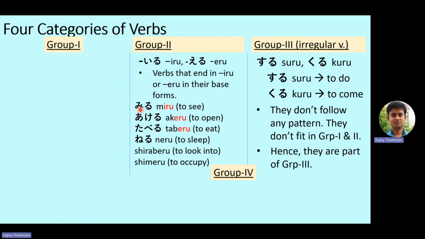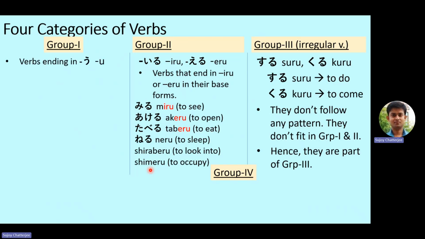In miru, you do not see any iru in the Japanese form. That's why I said that if we write in Roman letters, it is clearly visible that there is IRU, and similarly ERU in akeru, ERU in taberu, ERU in neru, ERU in shiraberu, and again ERU in shimeru. In this way, group 2 verbs are those that end in iru or eru.